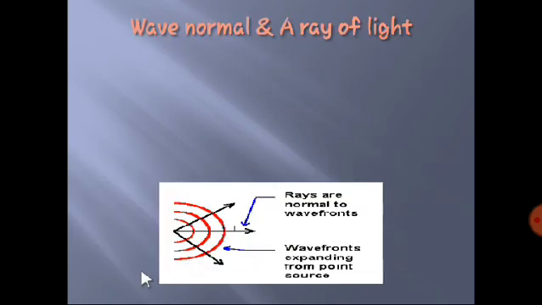Then the next very important point is the wave normal and a ray of light. What is wave normal? As the word normal is there, it should be some perpendicular. Now what perpendicular should it be? You can have a look at the diagram. There are spherical wavefronts. Light is traveling in circular form, that means a spherical wavefront is there.